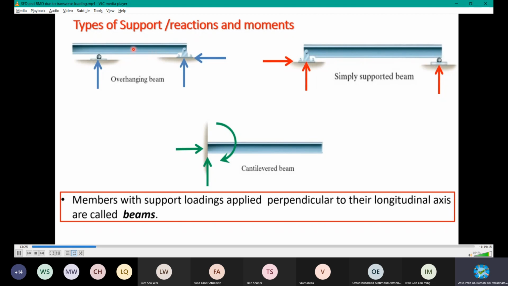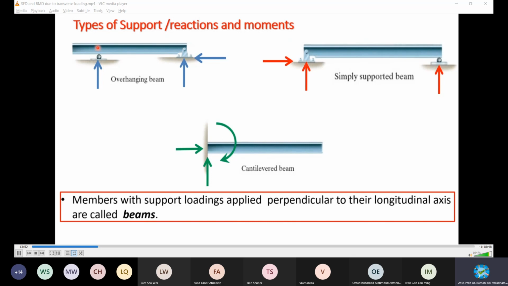Then this is called simply supported. It may be a hinge at both ends, or both ends pinned, or one end. The good old example is the benches in a park garden. Benches are a very good example of simply supported. They are just kept on it. People can sit on them, and anytime it can break if it exceeds the load.